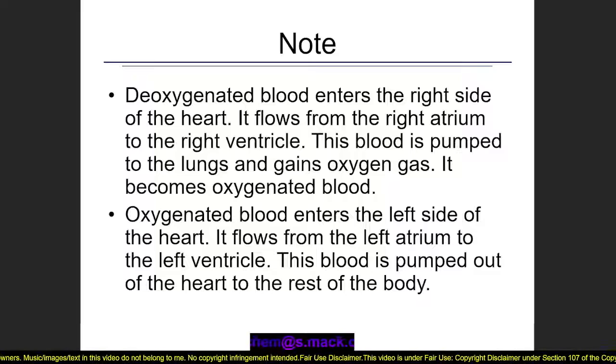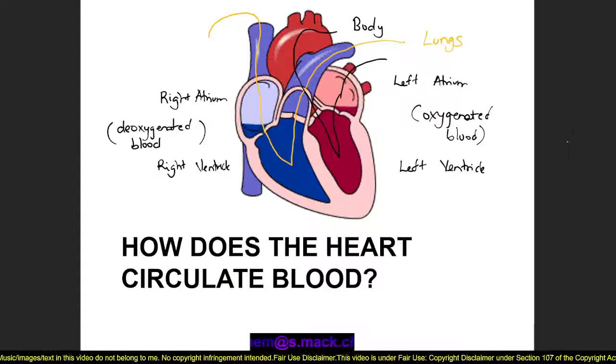We're going to go back up to the diagram, and I'm going to point out one more fact if you didn't see it. Now, we say that the right side of the heart is a pump, and the left side of the heart is a pump.